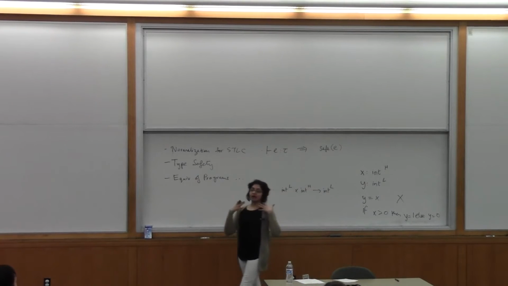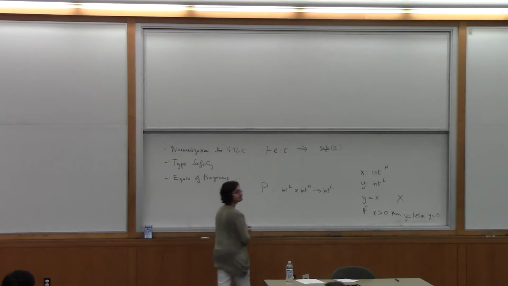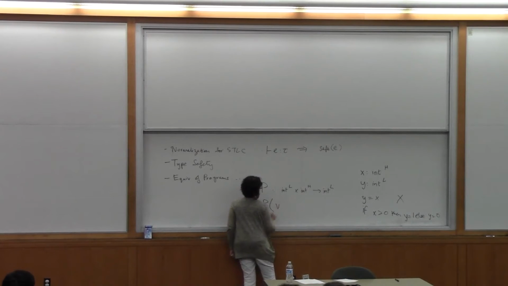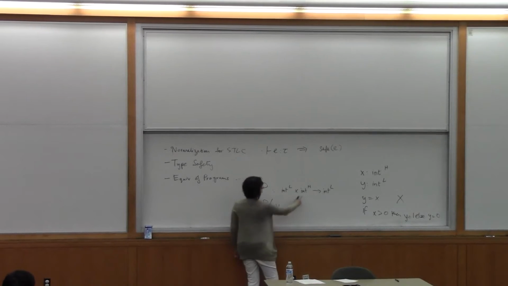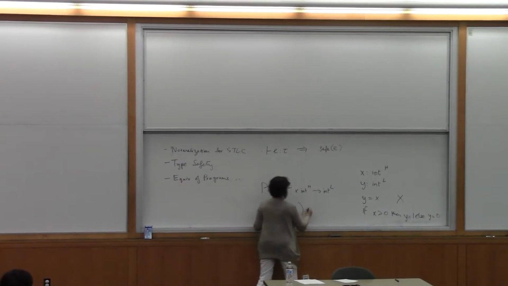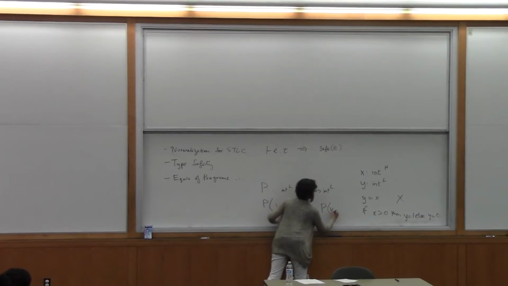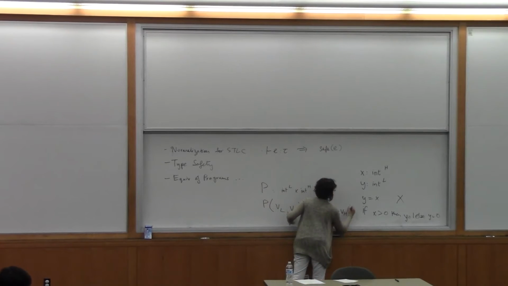Okay, so the property that I want is the following, that if I run P twice, once with, let's say, some input, V low, and some other input, V high, I should get equivalent low security outputs as if I run P with the same exact low security input, VL, but a completely different high security input, VH prime.